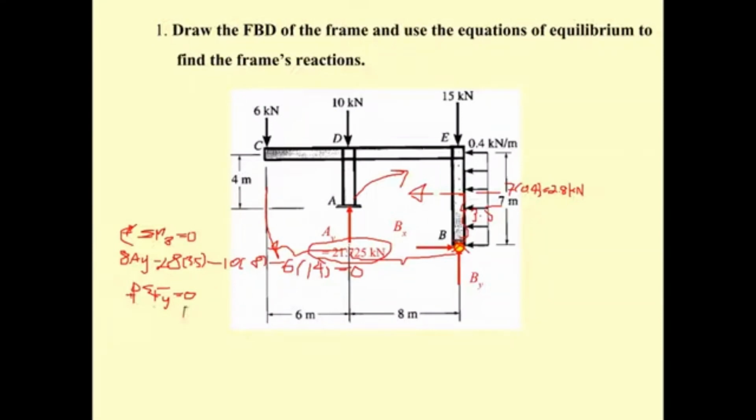We have B sub y plus 21.725, and it's going to be minus 6 and minus 10, and then plus this one minus 15 also, and it's going to be equal to 0.